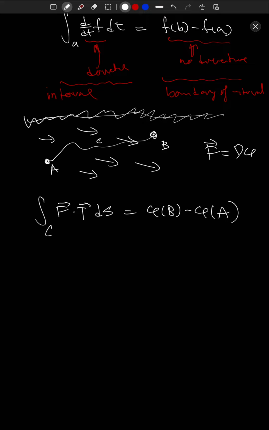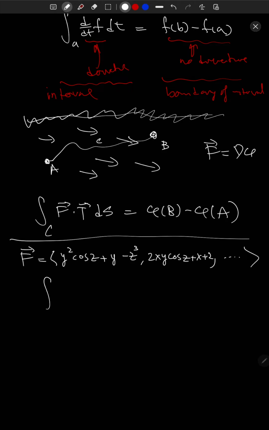Okay. So for example, in our previous example where we had that horrible looking vector field, F equals y squared cos z, y plus y minus z cubed, comma 2xy cos z plus x plus 2, comma, etc. If you wanted to integrate this, let's say I ask you to integrate it over a curve.